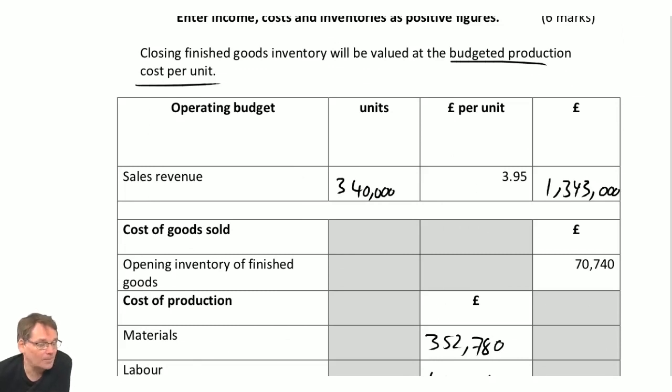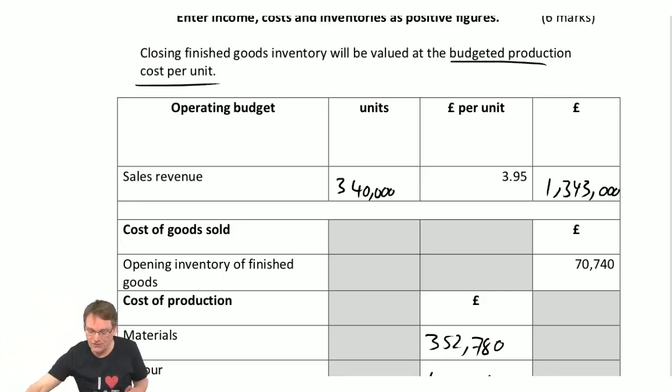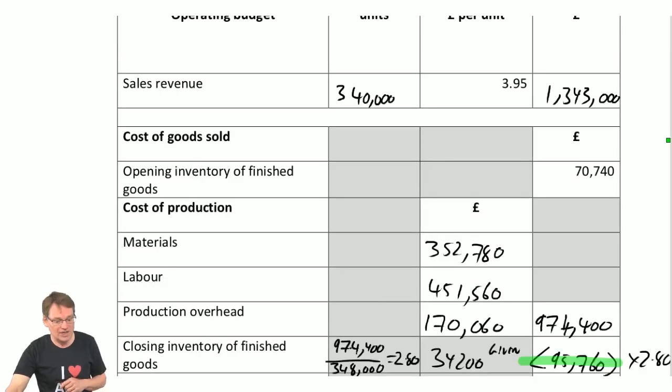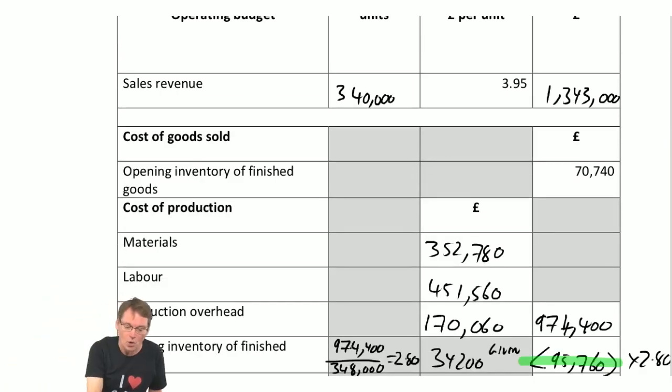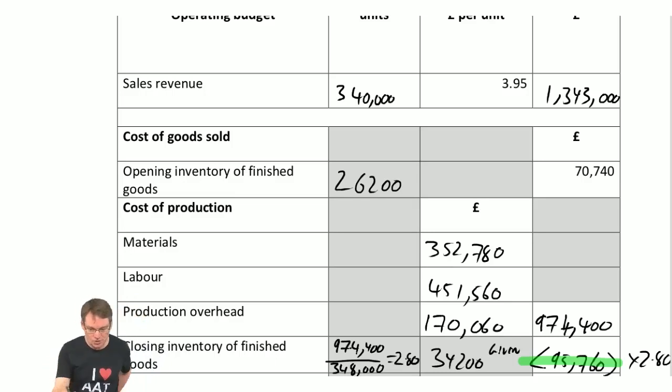In this case, Waleed, it's FIFO. And again, don't get too worried about this, but the reason it must be FIFO is because FIFO stands for first in, first out. So in other words, what did we sell? We sold 340,000 units. The first 26,200 of them, which we were also given, the first 26,200 units is the opening inventory.